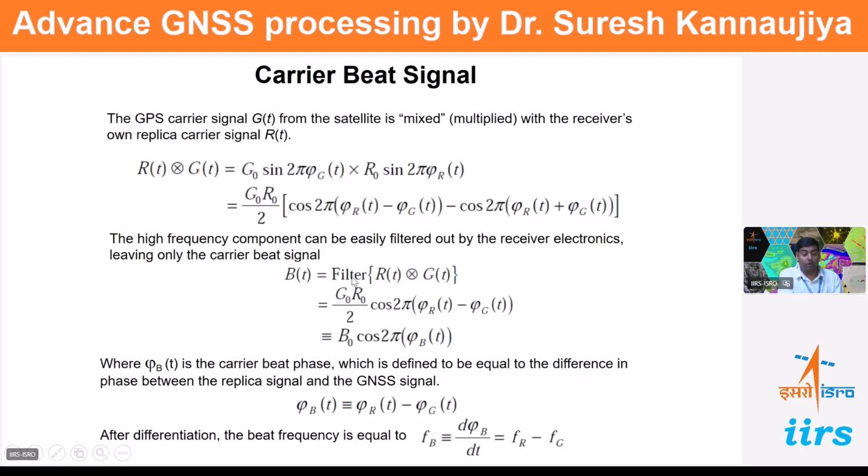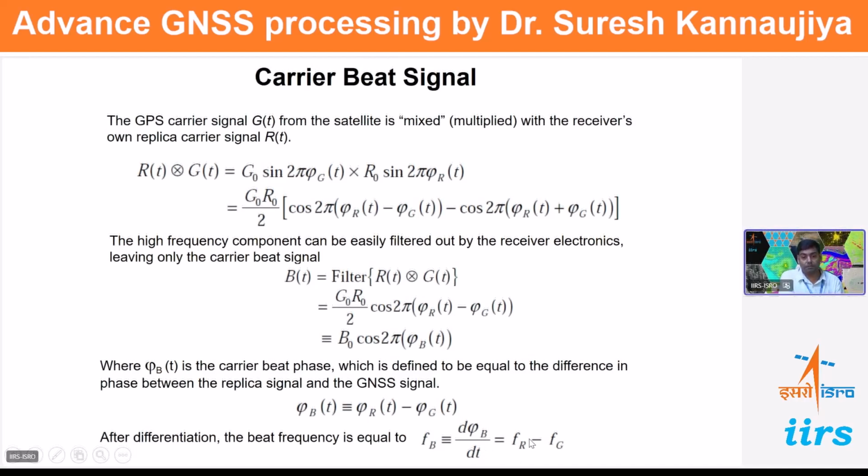To eliminate this, we have to filter it out. After filtering, only this remains. Once we filter, this is the final equation, also called phi bt. This phi bt is equivalent to this equation, and this beat frequency FB will be equivalent to the differentiation of phi b with respect to dt.